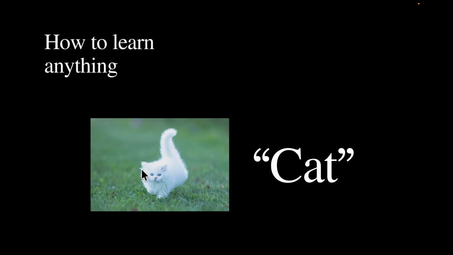To understand it better, think about it this way. When you see this image of a cat, what exactly makes you understand that there is a cat in this picture, or, I don't know, a dog or a human? You look at little details. So what are those details?